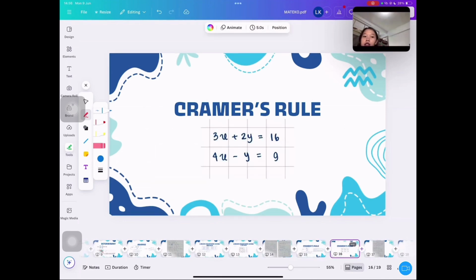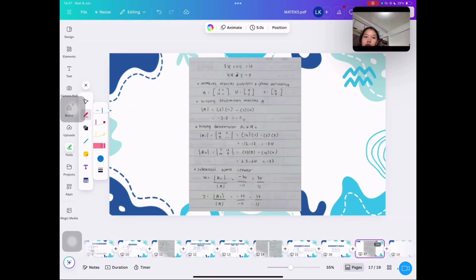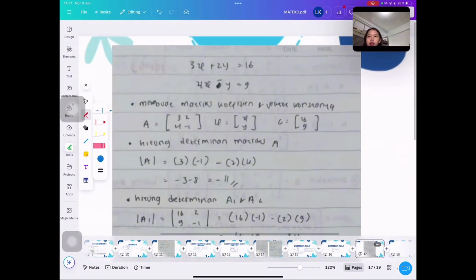And here is the example problem. First, we have to create the coefficient matrix and the constant factor. This is the problem that we have to solve.